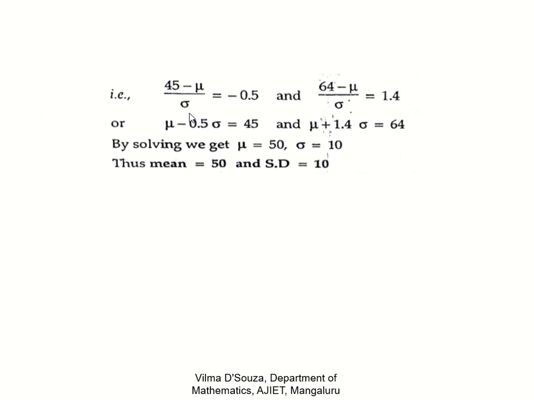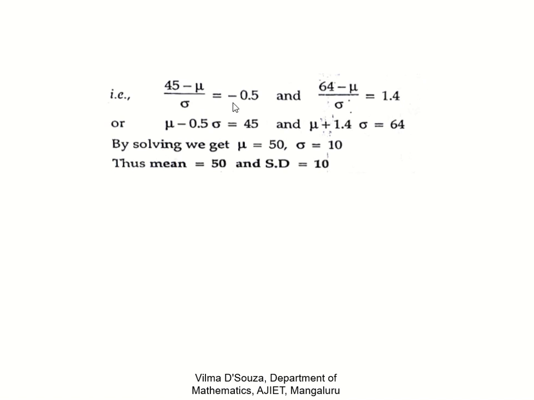45 minus mu by sigma, and Z2 is 64 minus mu by sigma. So Z1 is equal to minus 0.5, or 45 minus mu by sigma is minus 0.5, and Z2, that is 64 minus mu by sigma, is 1.4.